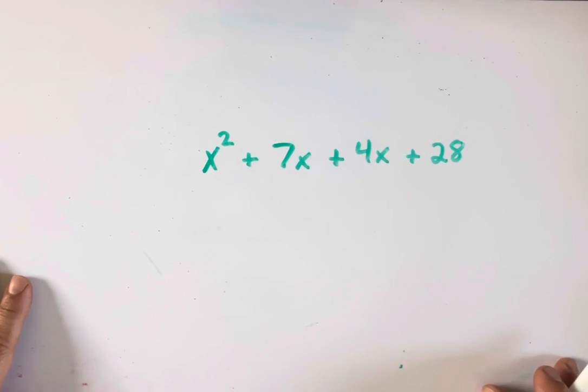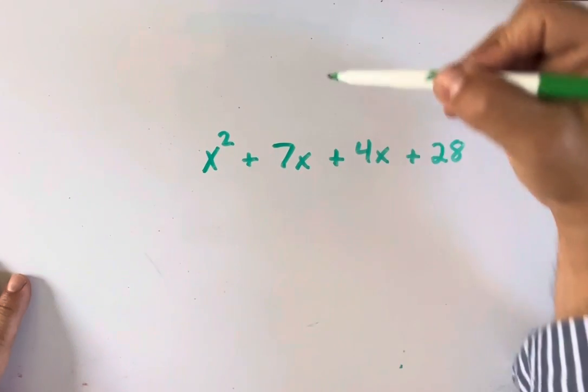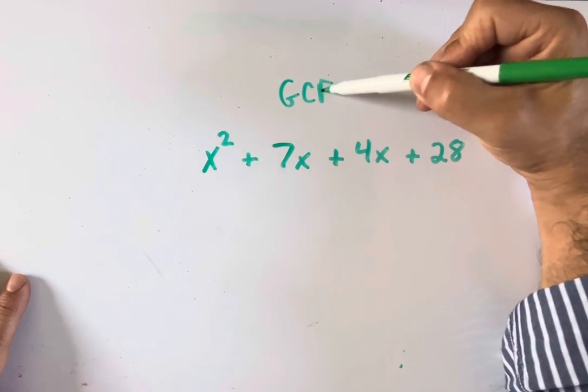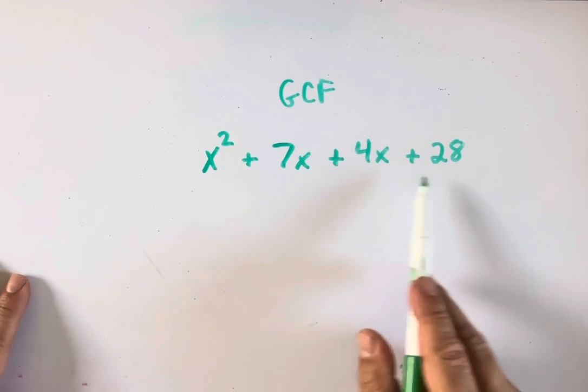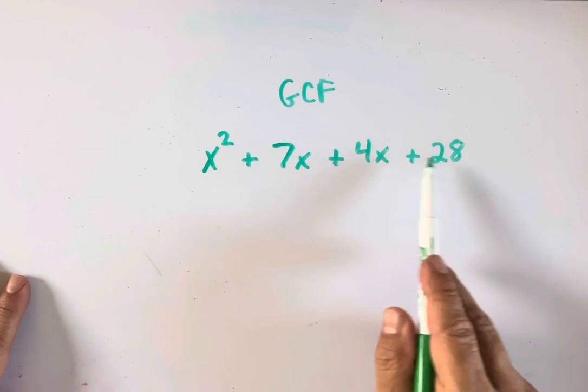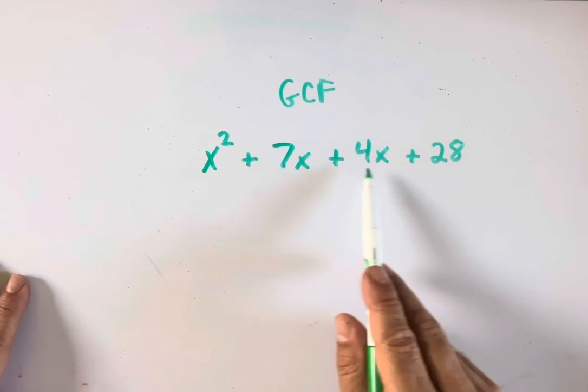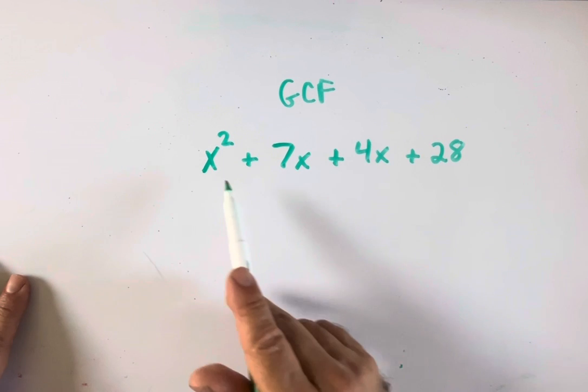And I'm going to try to group this. First, I'll always look and see if there's a greatest common factor. There isn't. I do see a 7 and a 7, a 4 and a 4, and an x in 3 of these, but not here. I do see 4 terms.